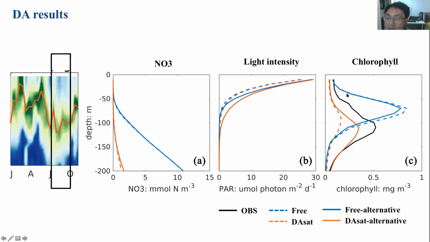So we can see that by using the alternative parameterization, the data assimilation depressed the deep chlorophyll maxima, and in this case, the magnitude of the deep chlorophyll maxima is much larger than in the case when we use the original light parameterization, even though the nutrient distributions are almost exactly the same.